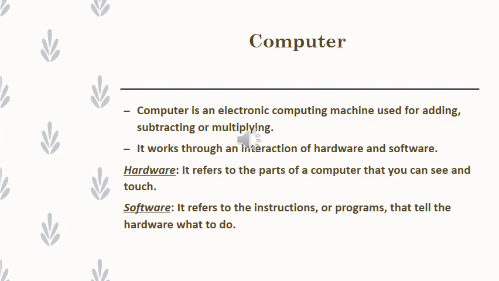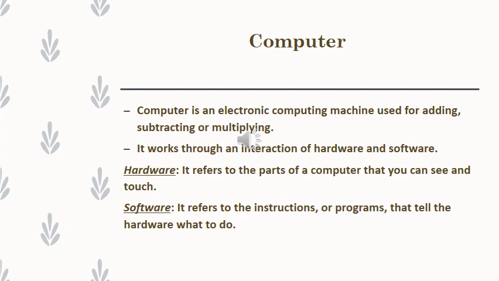Most important piece of hardware is the central processing unit, which contains microprocessors. And what is the function of CPU, central processing unit? It translates instructions and performs calculations. Coming towards software.